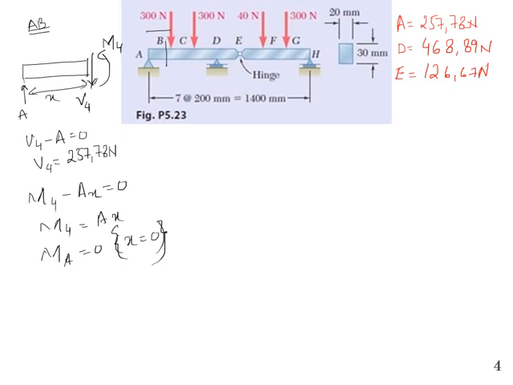Now if we put x equal to 0.2, that is at B, so when x is equal to 0.2 meter, the value of M4 will be equal to 51.56 Newton meter, and that will be equal to MB.